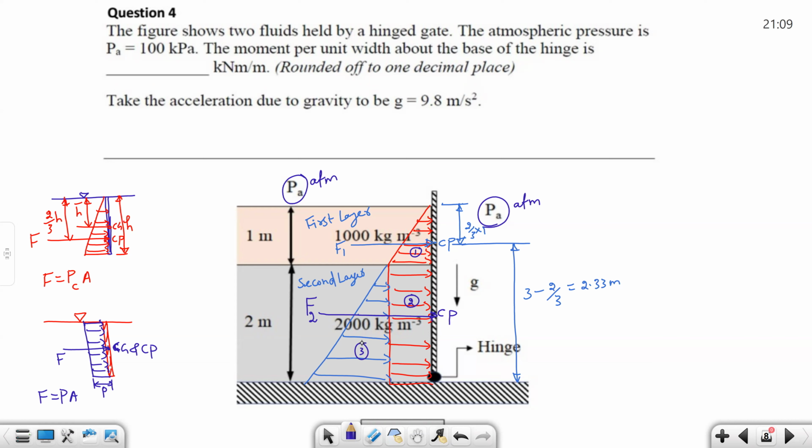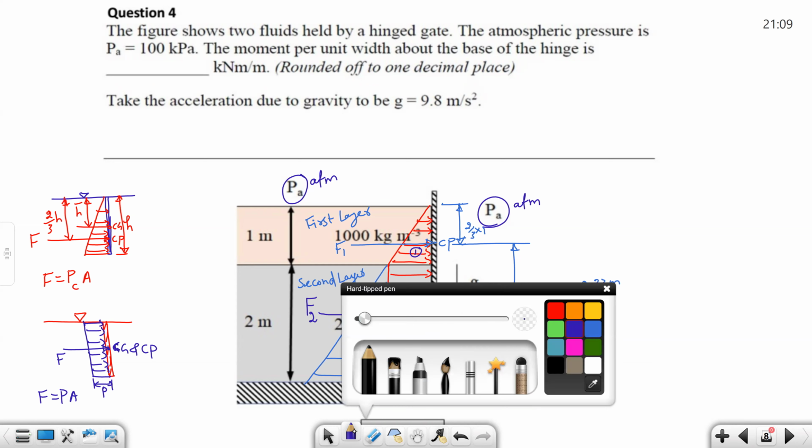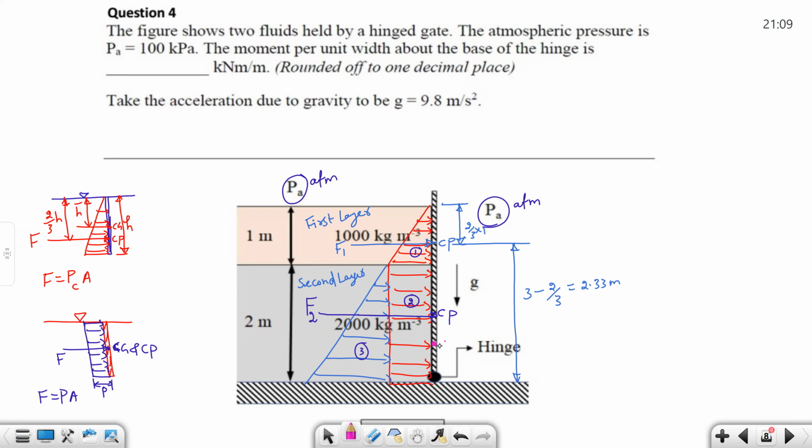And the third distribution is because of the second layer of the fluid acting on the second layer gate. So for that resultant, the center of pressure will come somewhere here. So this is F3.